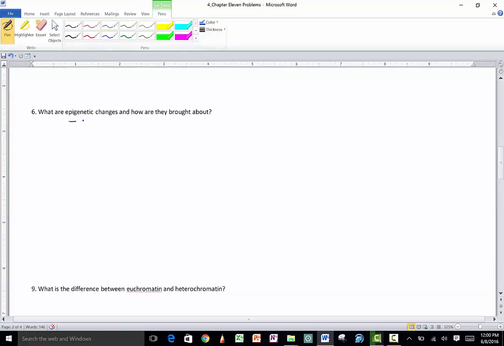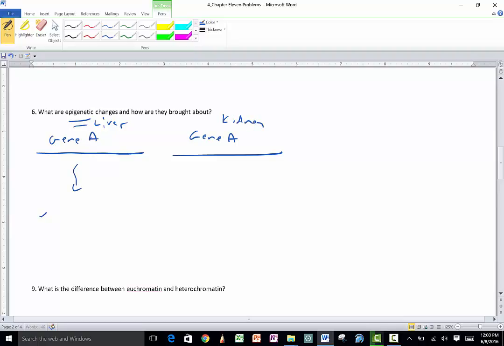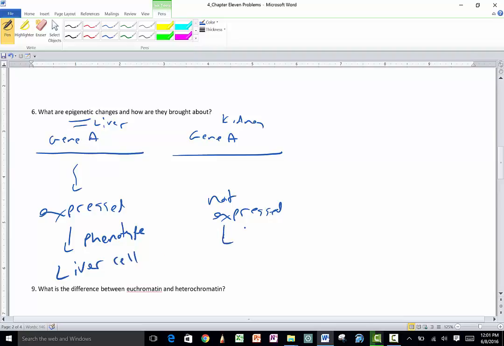So the idea of epigenetics means that you've got a DNA sequence, gene A, the same gene, and maybe this is in the liver, maybe this is in the kidney, and this gene is expressed and this gene is not. So we have the same DNA, but we have a different outcome. Here's our phenotype: you end up with a liver cell. And the phenotype here is you end up with a kidney cell.